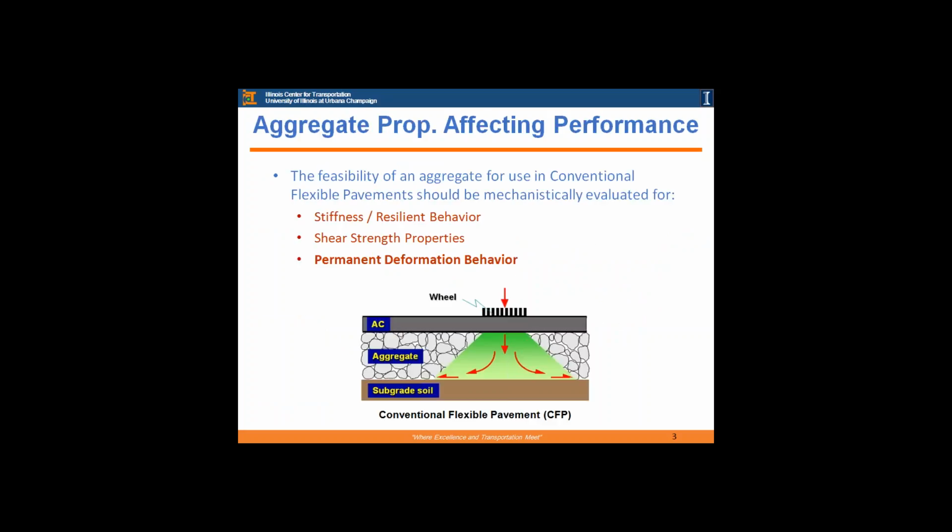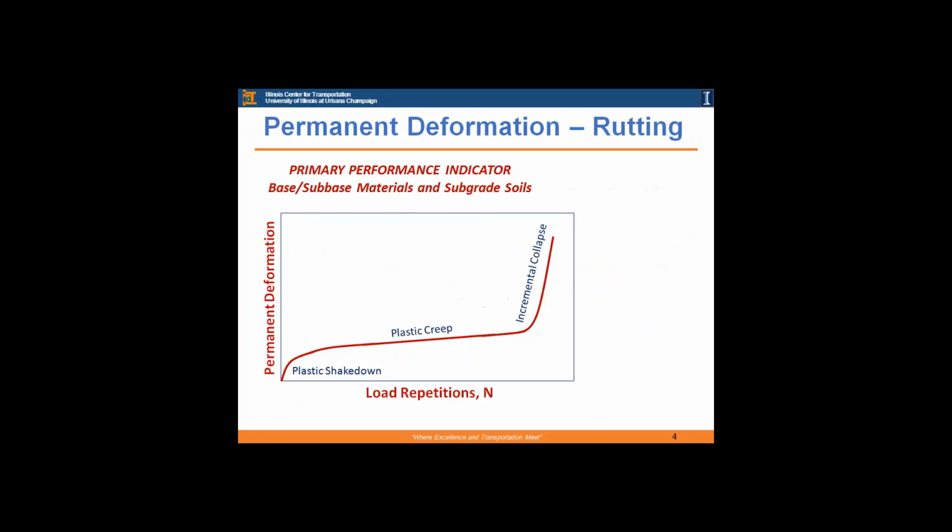Today we're talking about permanent deformation for unbound materials. Why permanent deformation? Because it is one of the performance indicators for unbound layer materials in conventional pavement design for flexible pavements. If we follow the permanent deformation cycles or rutting accumulation in unbound layer materials, they go into 3 stages.